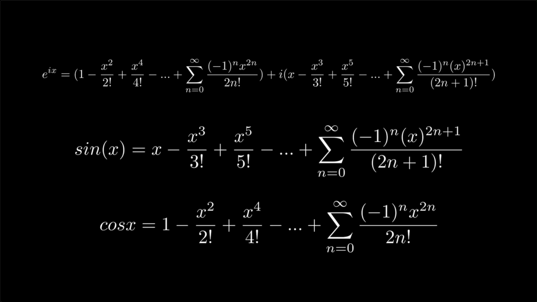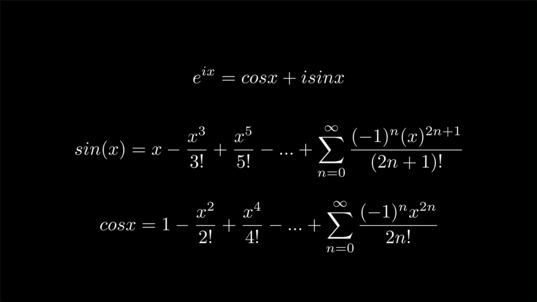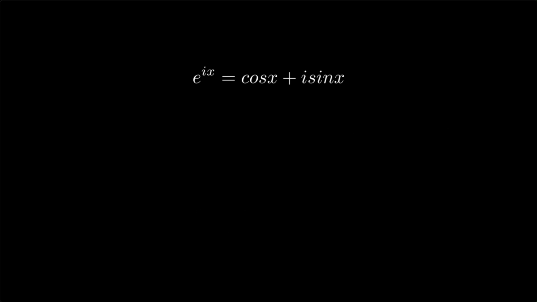Sorry. So let's do some simplification, and let's substitute. And so now we get this cool expression: e to the ix equals cosine of x plus i sine x.